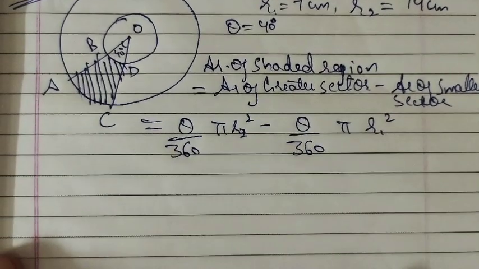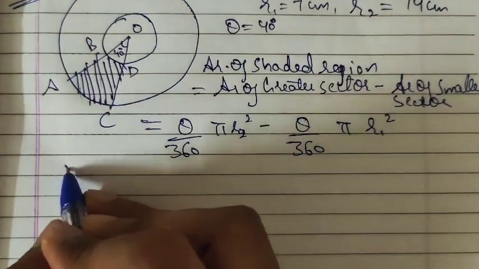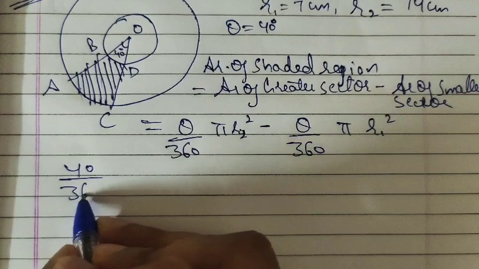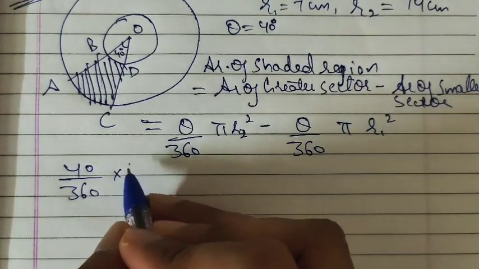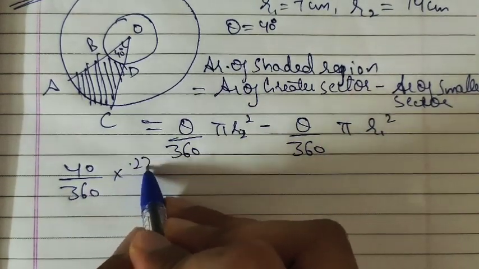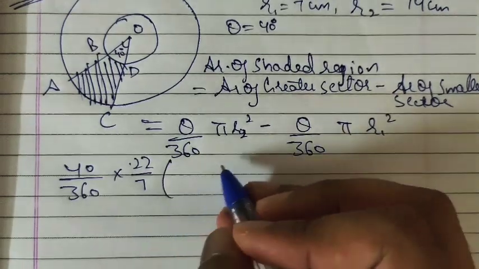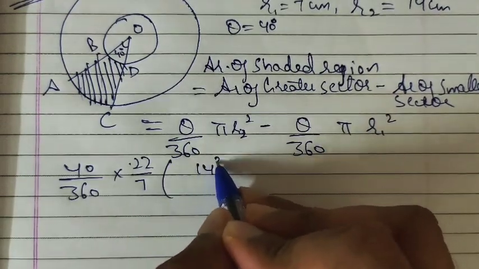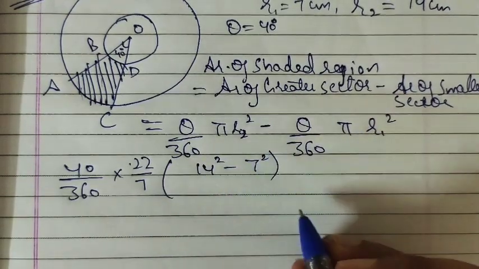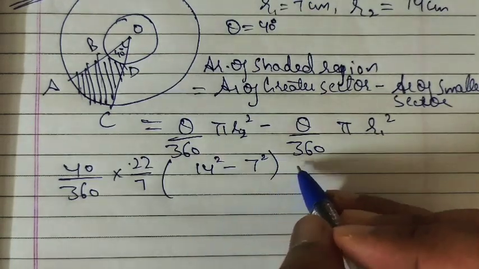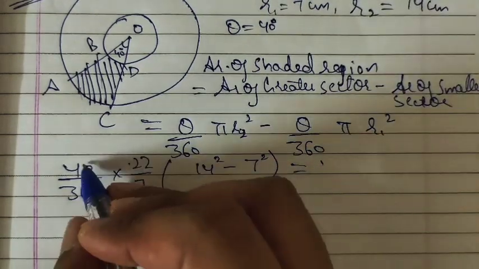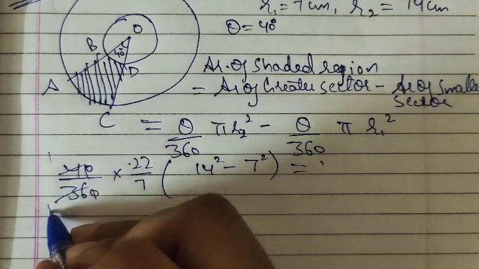Now drag the calculation till the last step. Theta is 40 upon 360, pi is 22 by 7. So taking these two things common, r2 square is 14 square minus 7 square, right? Now a square minus b square is a plus b into a minus b. 40 upon 360 will be 1 upon 9.